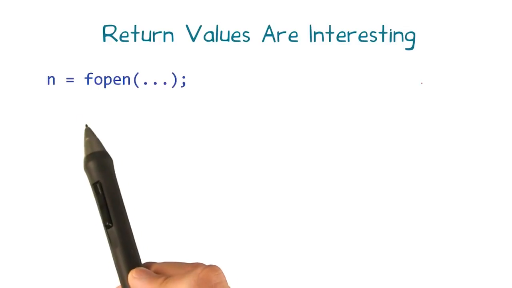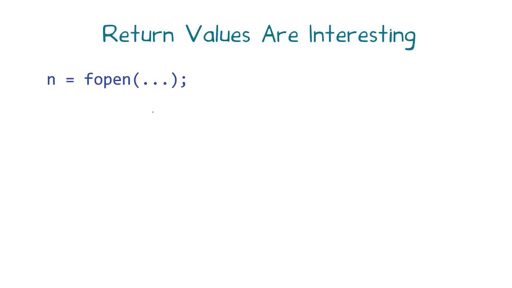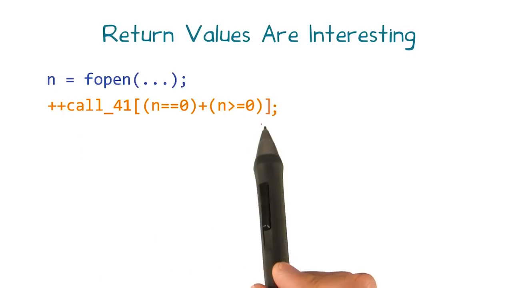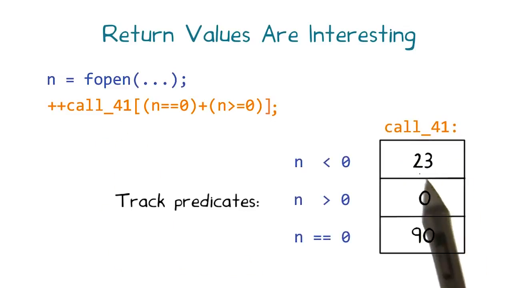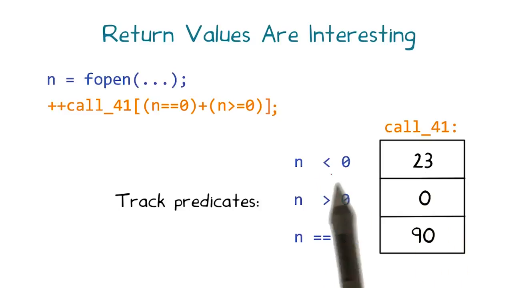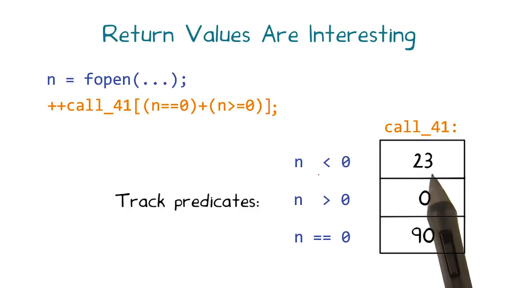Suppose this call to the fopen function appears at program point 41. The instrumentation process will add a line of code that increments the count in the appropriate cell of a three-celled array called call41. The 0th cell of this array will count the number of times n was observed to be less than 0, in this case 23.